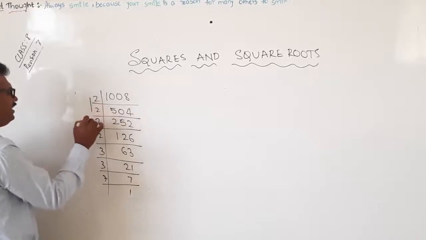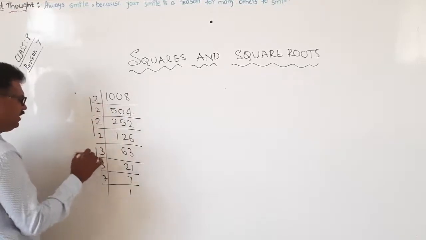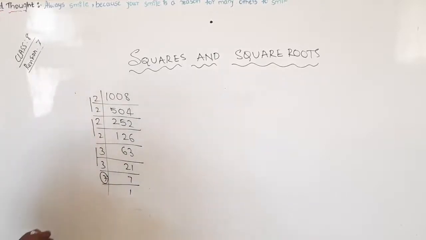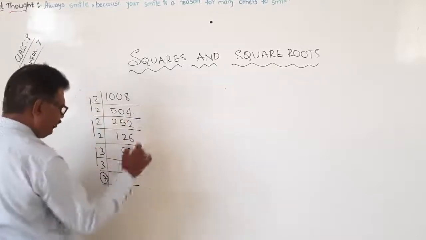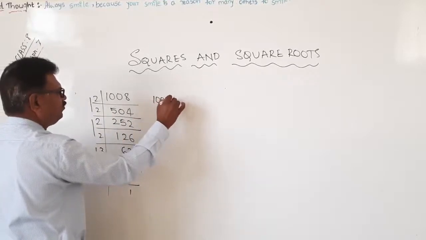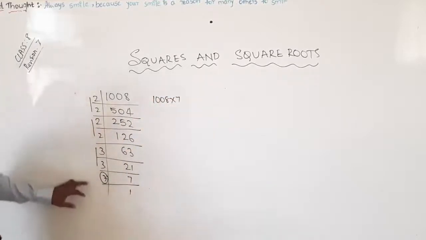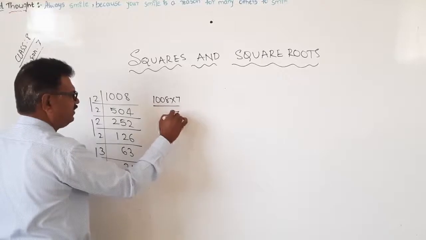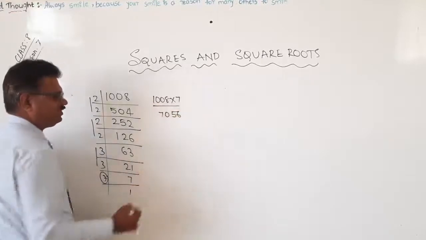For this pair is there, for this pair is there, for this pair is there, but for this a pair is not there. Therefore, what must be multiplied? 1008 should be multiplied with 7, because only one 7 is there. We want one more 7. Therefore, 7 into 8 is 56, 7 into 1008 gives 7056.